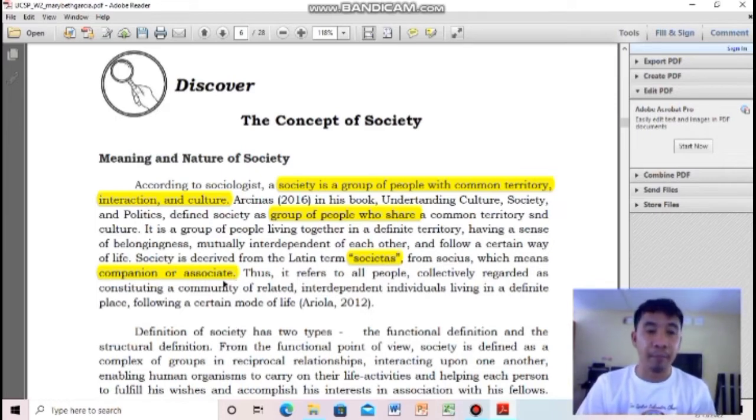Buot silingon kaupod, no? Kaupod. Thus, it refers to all people collectively regarded as constituting a community of related, interdependent individuals living in a definite place, following a certain mode of life. Kung baga, may way of living kita kung paano kita nagkakabuhi sa isa ka sosyudad.